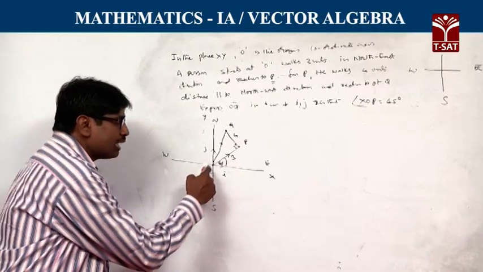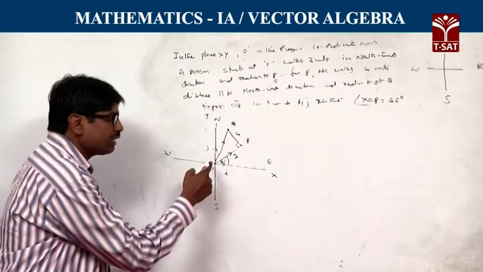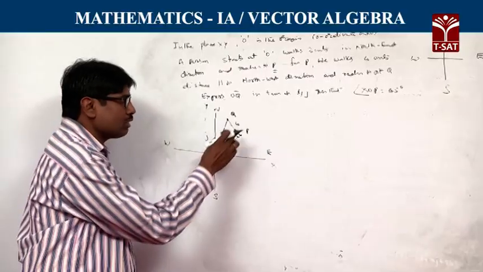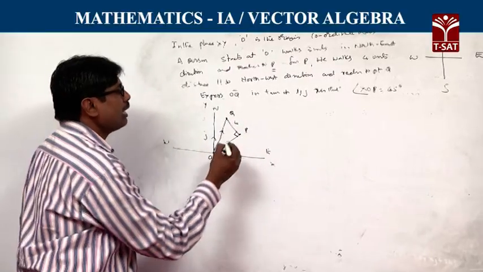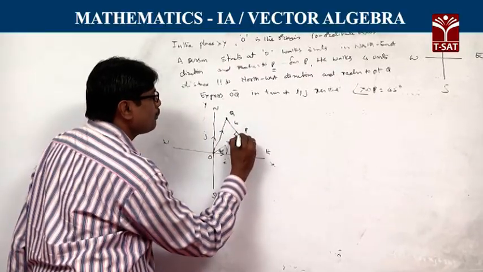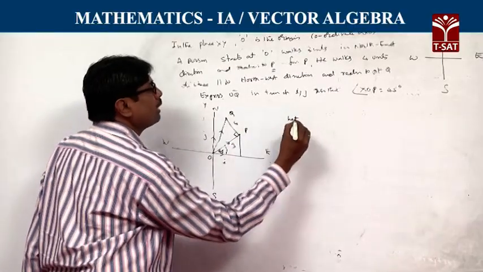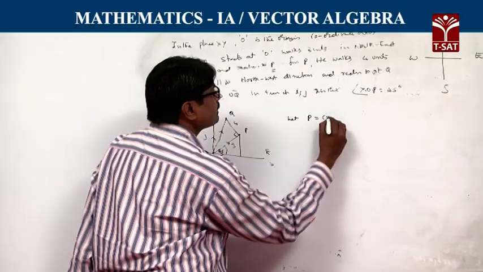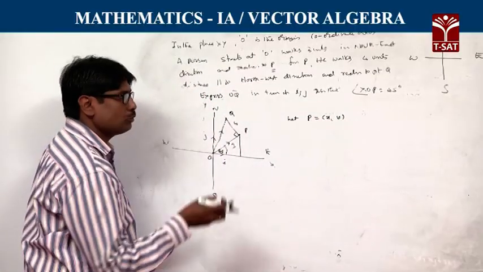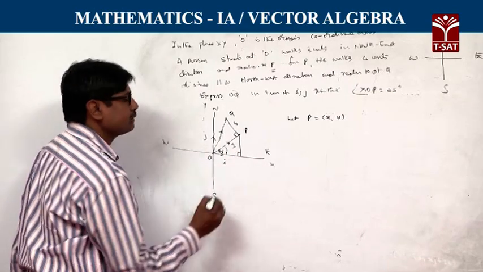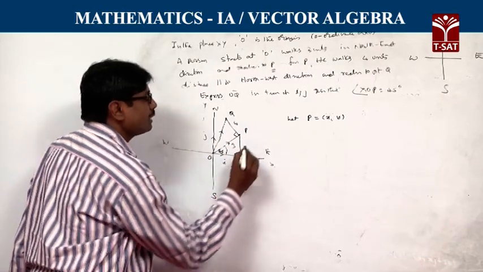This is the notation with respect to the addition of vectors in the coordinate system. In order to calculate OQ bar, first we calculate OP bar. For OP bar in the northeast direction, draw a perpendicular from P to the x axis, and let P be the point x, y.